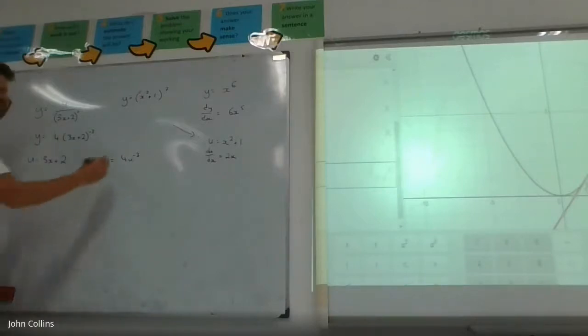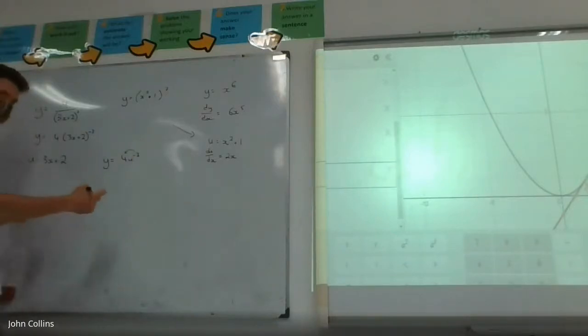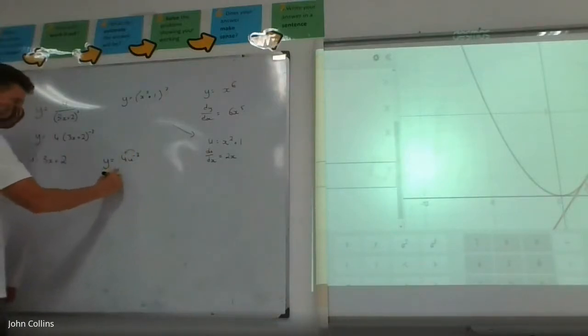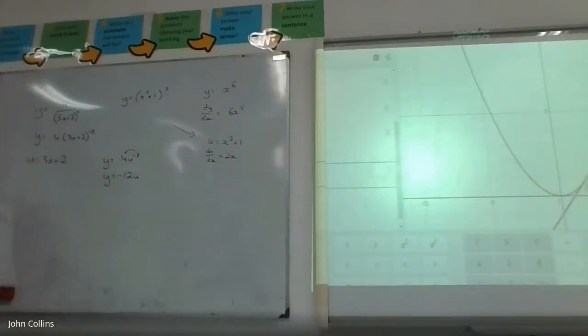Be very careful. Negative. When I'm multiplying down by -3, -3 times 4 is going to be -12, yeah? So I have -12 u to the negative, well, what is it, -2 or -4?